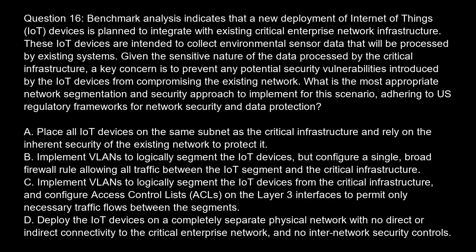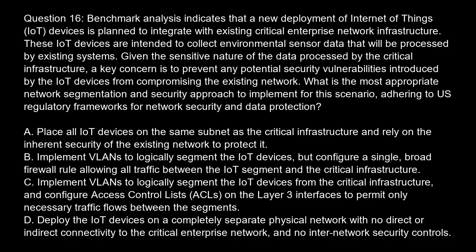Option A. Place all IoT devices on the same subnet as the critical infrastructure and rely on the inherent security of the existing network to protect it. Option B. Implement VLAN to logically segment the IoT devices, but configure a single, broad firewall rule allowing all traffic between the IoT segment and the critical infrastructure.